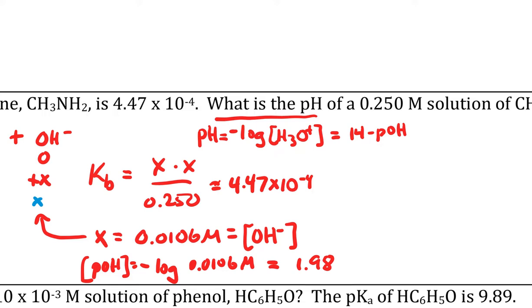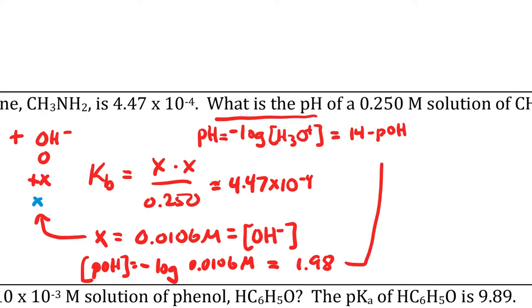I thought we were working with a base. And it is a base, but this isn't a pH, right? This is a pOH. pH for an acid is low. pH for a base is high. And when we talk about pOH, it's just the other way around. pOH for a base is low. And pOH for an acid is quite high. And in this case, we have a base. So pOH is low, 1.98.